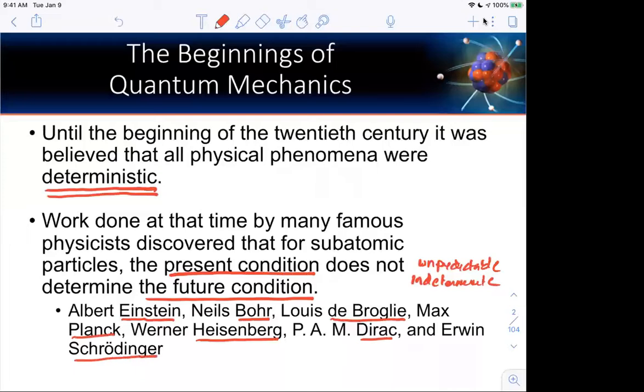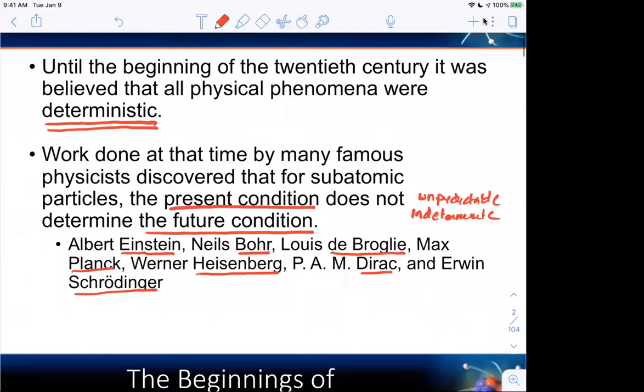So all of these people were really geniuses in this field of trying to take what was known and sort of rewrite all the rules for these subatomic, very, very, very small particles, because nothing that we knew at the time could explain how those particles, like electrons, behave.